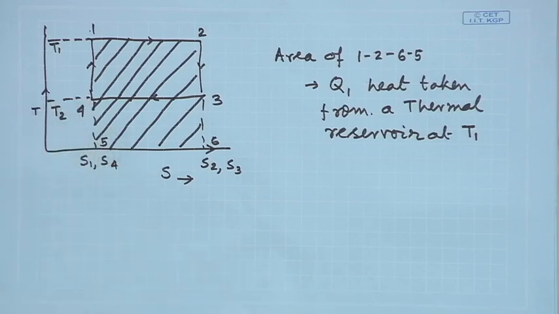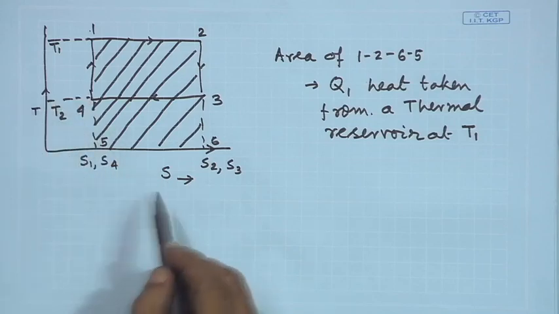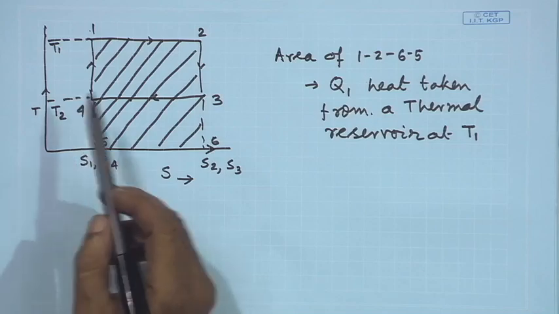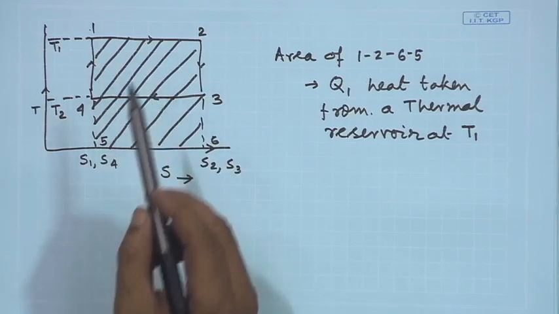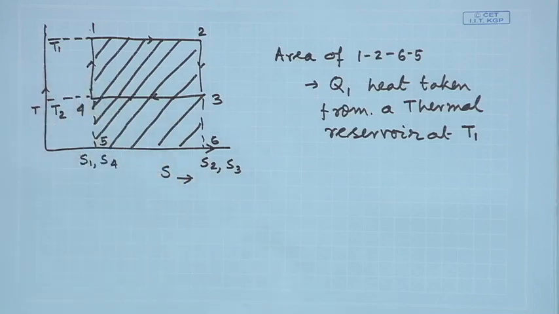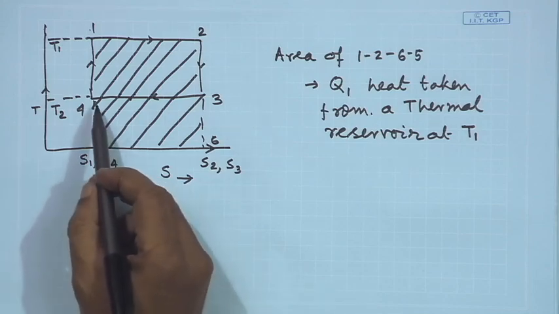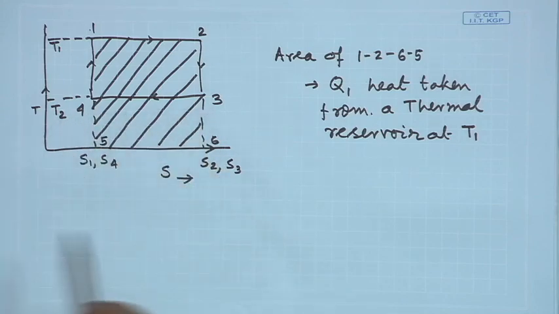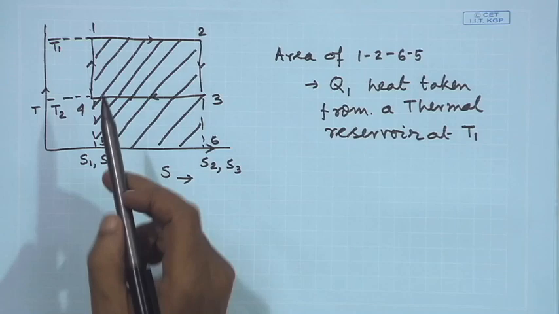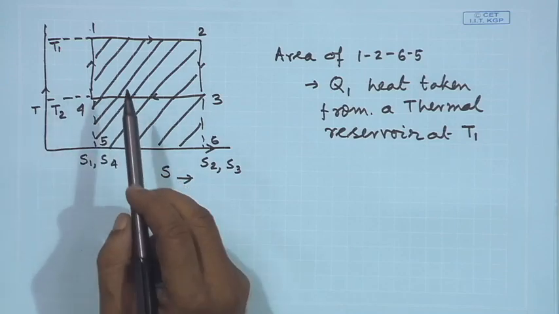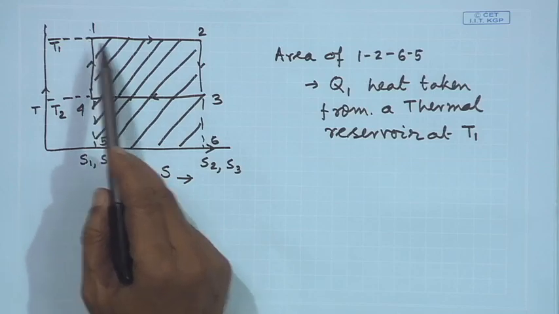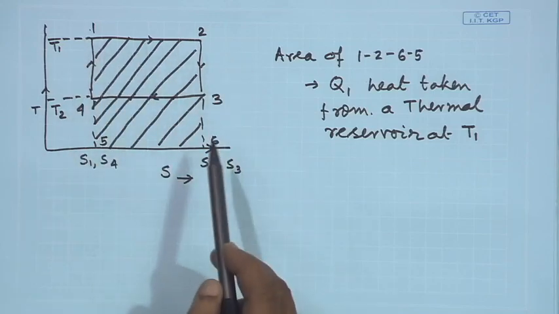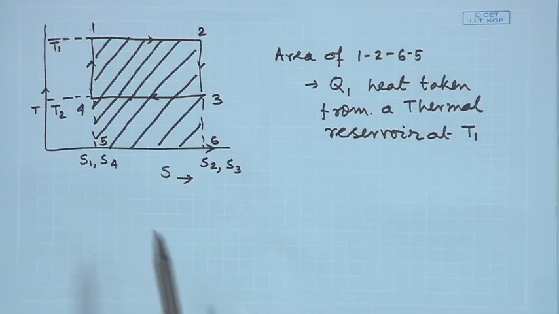I have taken TS coordinates, temperature and entropy, and then I have shown 1 to 2, that is the heat addition process, which takes place at a constant temperature T 1. The heat rejection process takes place at a constant temperature T 2. The heat added at constant temperature T 1 is given by the area 1265, that is Q 1.